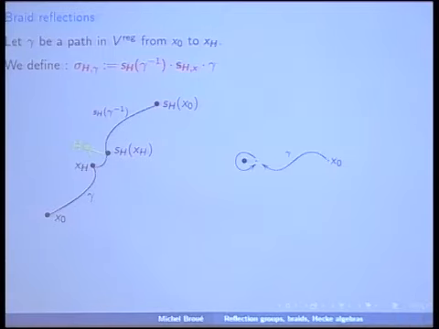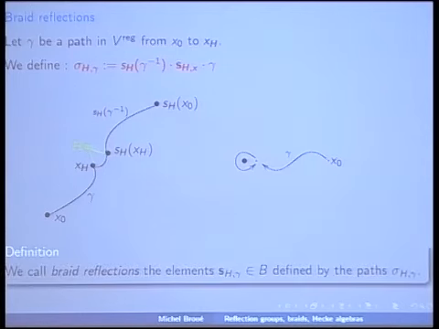So this is the picture of this thing in V_reg mod G. In V_reg mod G, you go close to H, you turn around and you come back. This is exactly what we call braid reflections.